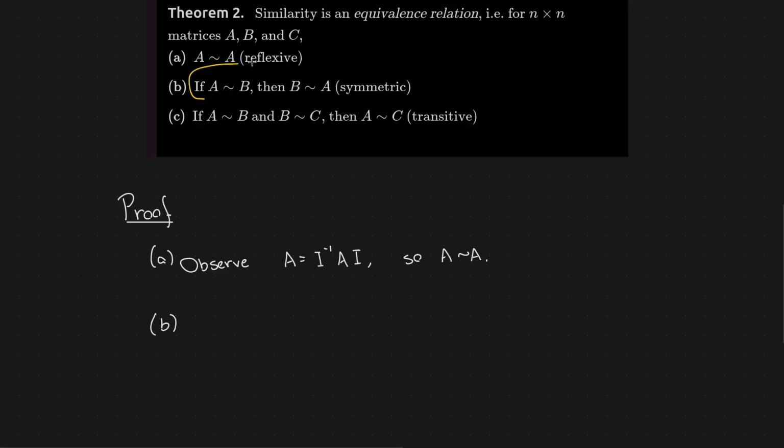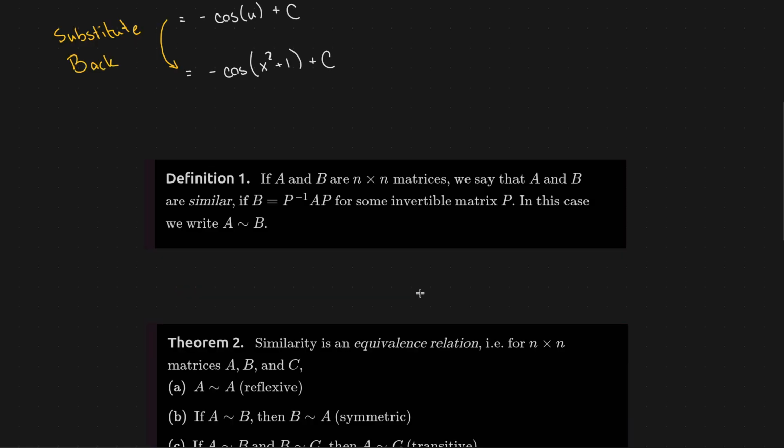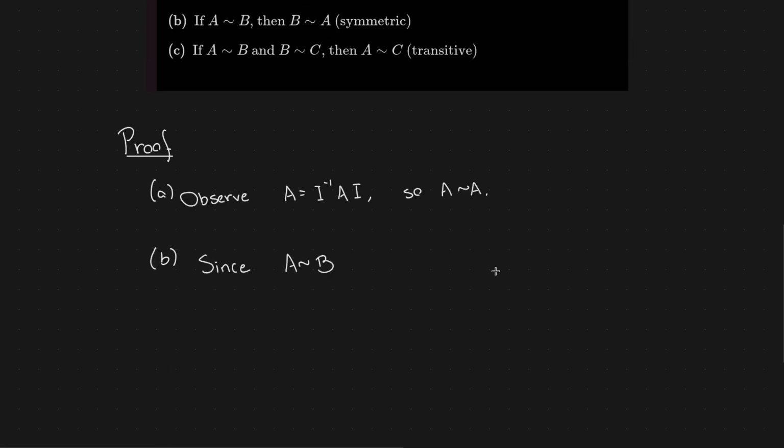Now part B. If A is similar to B, then B is similar to A. So since A is similar to B, what was the definition again? If A is similar to B, then I can write B as P inverse AP for some invertible matrix P. Okay, so let's use that definition.